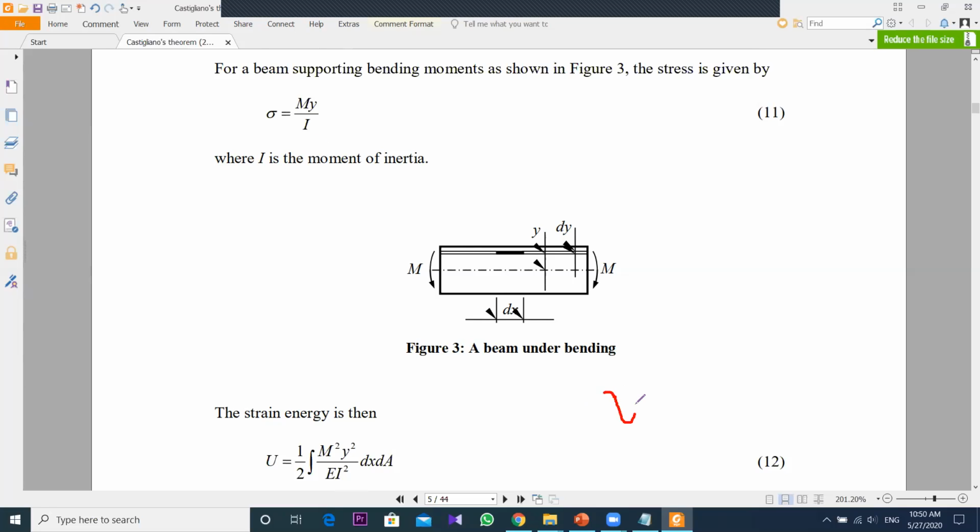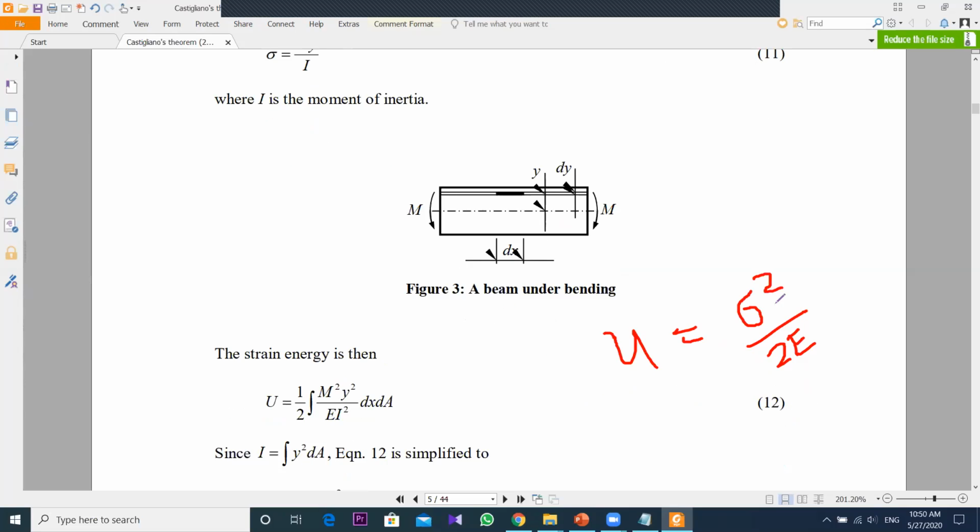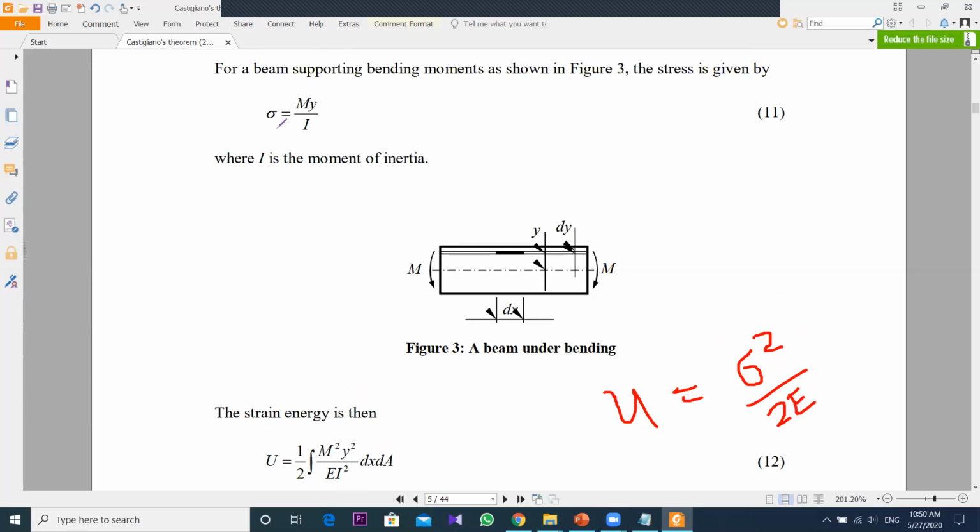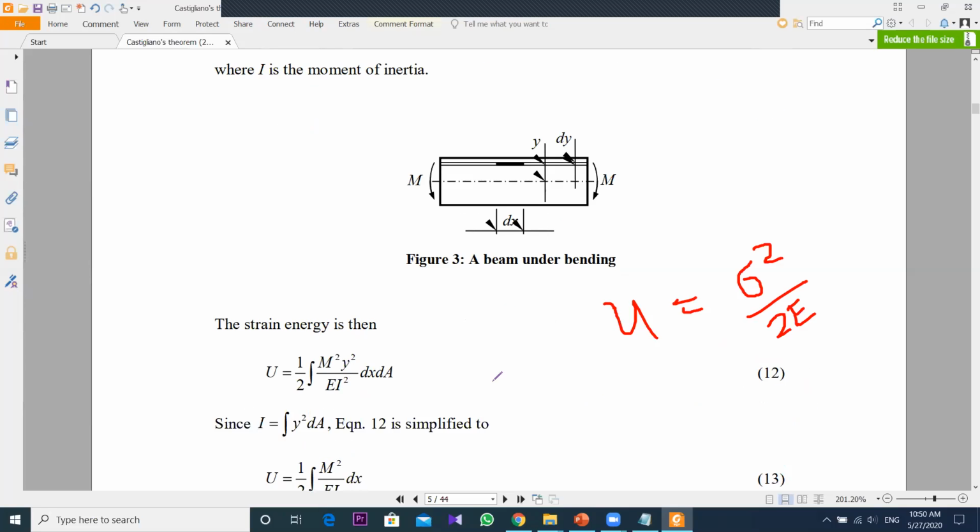If you remember that equation I explained earlier, sigma squared divided by 2E. In this equation you can substitute this My divided by I. So you can see here M squared, y squared, and I squared, and 2E.